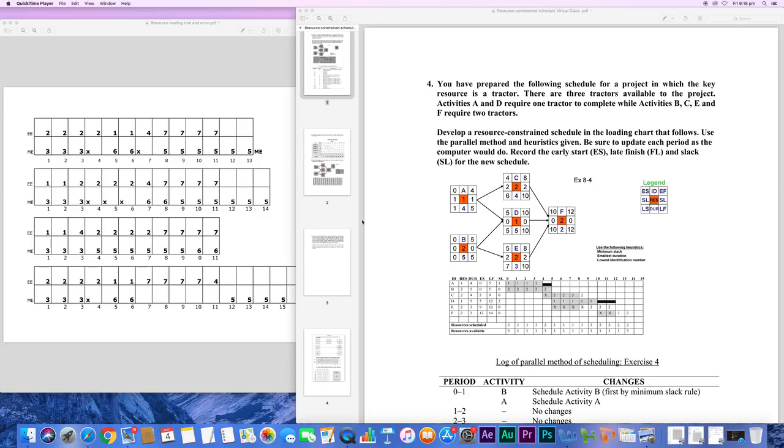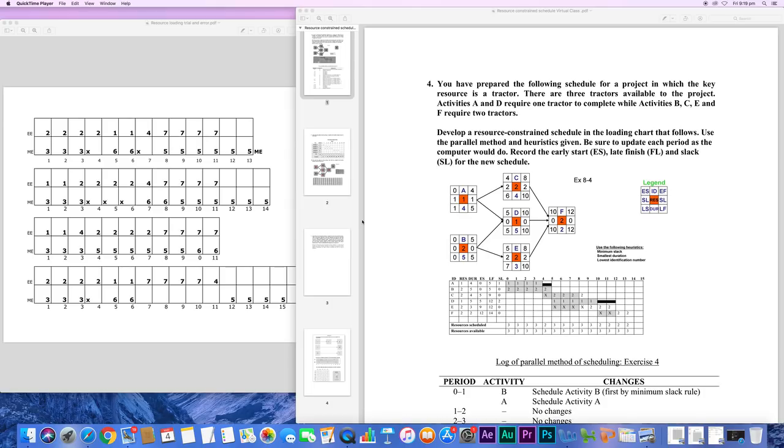Heuristics, or rules of thumb, can be many, but one particular heuristic has been proven to work very well when scheduling resources in resource constrained projects. And that's the parallel method, where we schedule in every period of time, period by period, not looking at the whole project. So always one period after another.